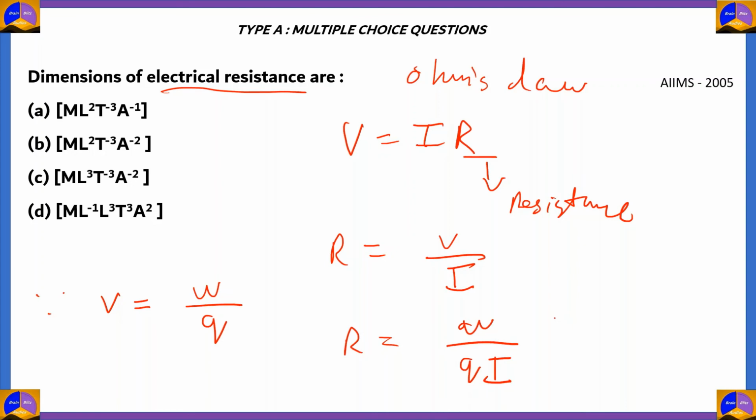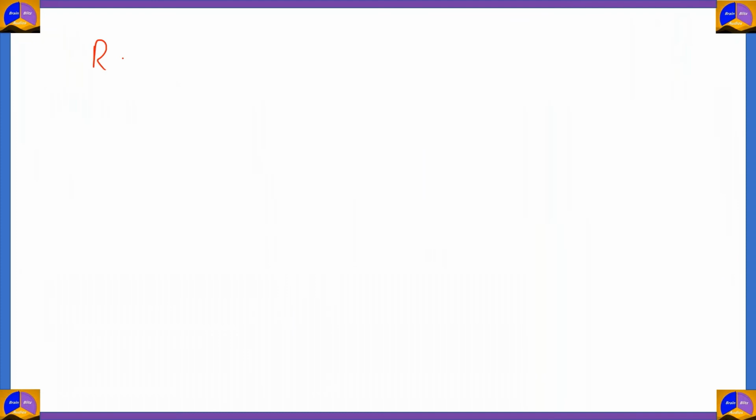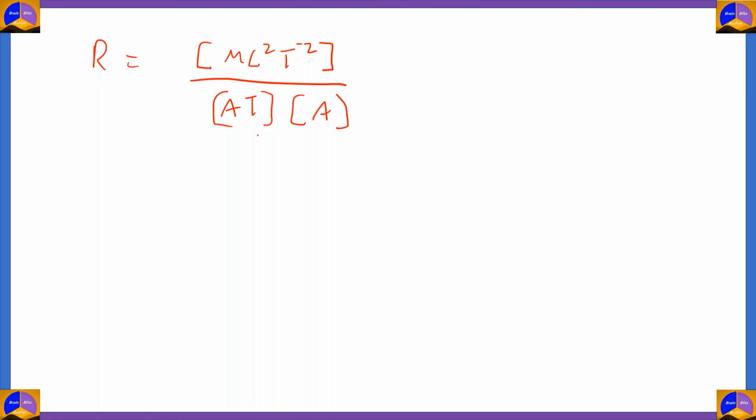So now let's find the dimensions of resistance. R is equal to the dimensions of work, which is ml squared t power minus 2, force times displacement, divided by AT is the charge and A is the current.